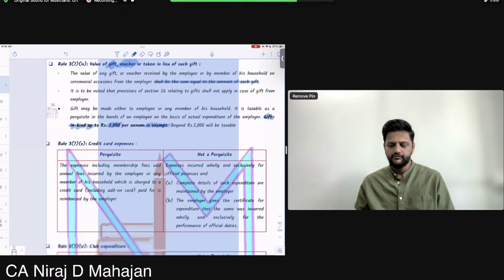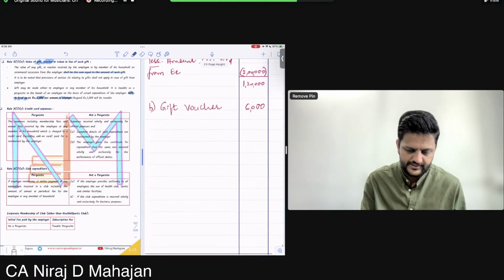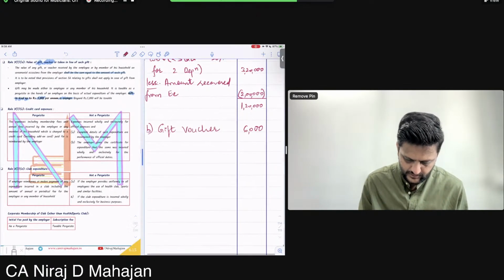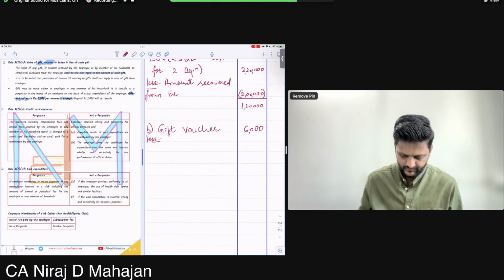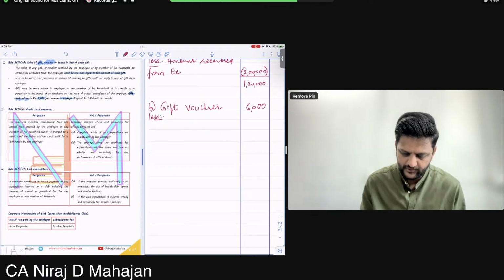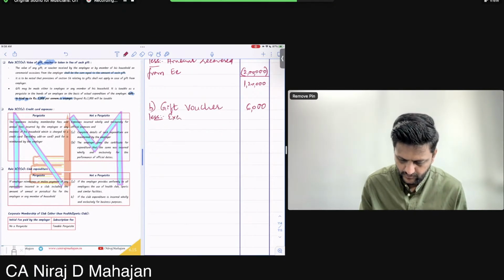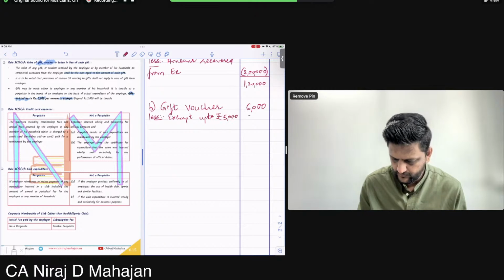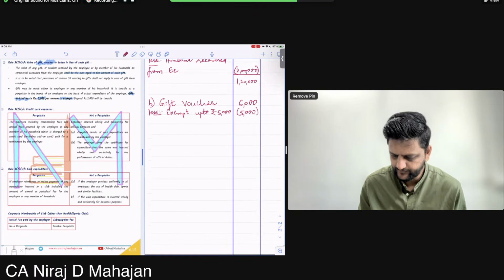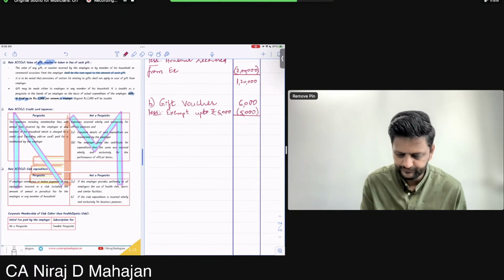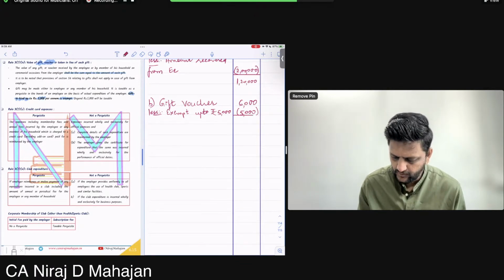Finally, 1,000 only. So I'll write down here: less, exempt up to rupees 5,000. So the perquisite taxable is just 1,000.